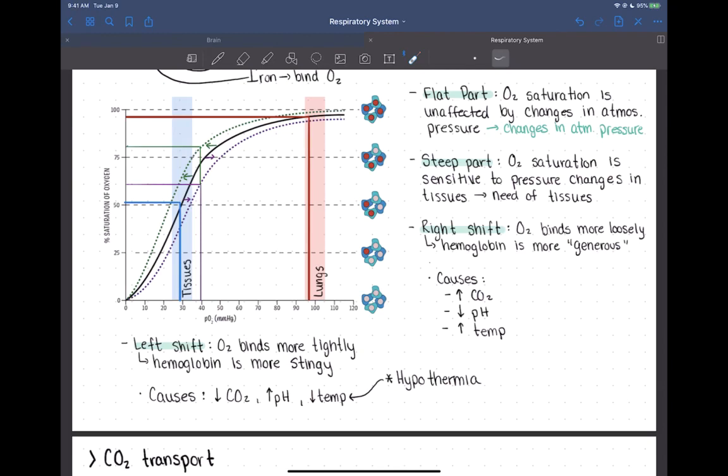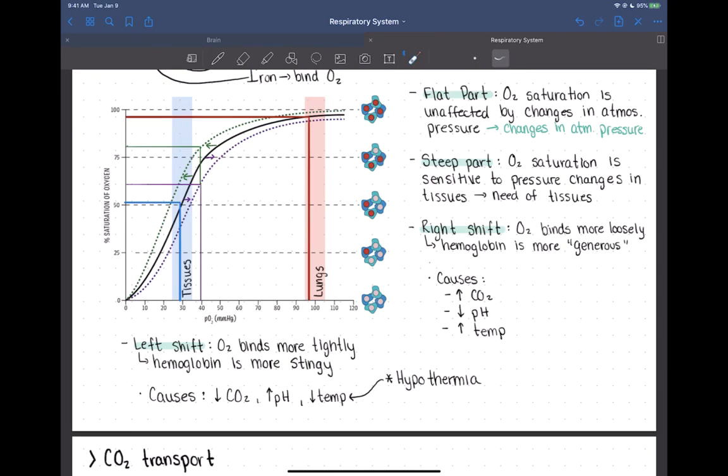One interesting thing about this curve and this left shift is the effect this has on hypothermia. With hypothermia, the body gets really cold, below normal body temperature. The reason hypothermia is so dangerous is because of this left shift. A decrease in temperature means the curve is going to shift, and that blood is not going to give up its oxygen very easily.